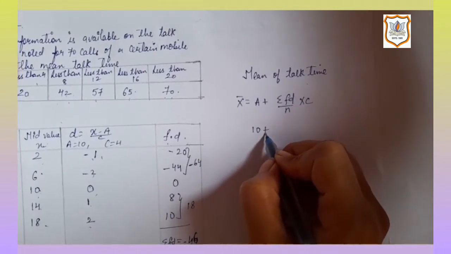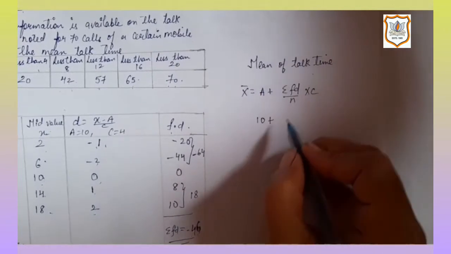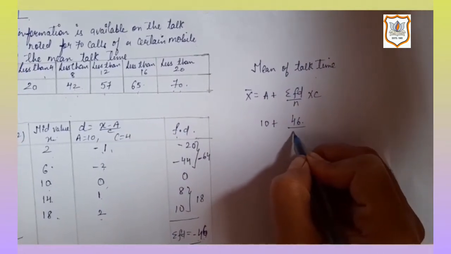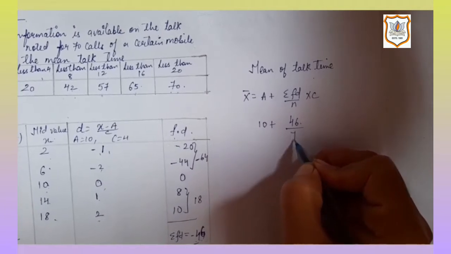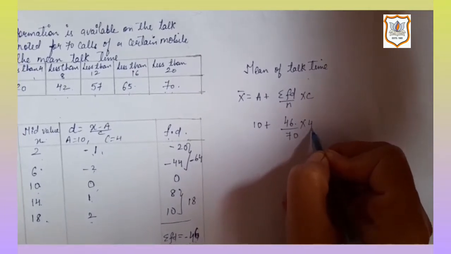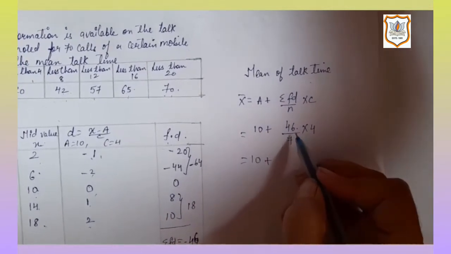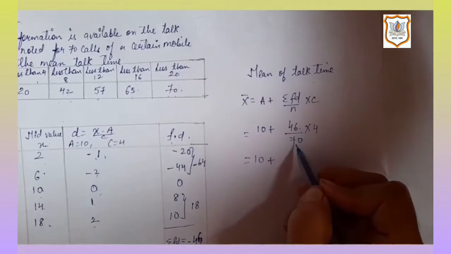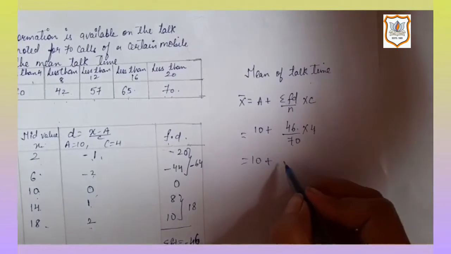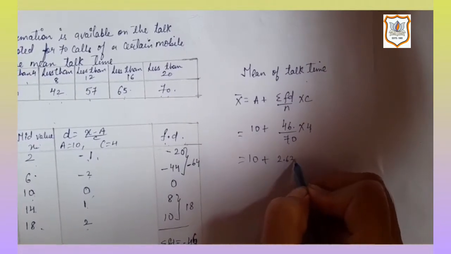Sigma fd that we have taken out is negative 46 upon n, that is the total of frequency, 70, into class length, that is 4. So 10 we are going to write as it is. 46 divided by 70 into 4 will give you 2.62.